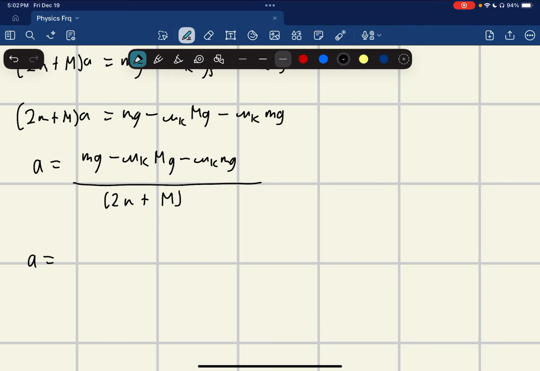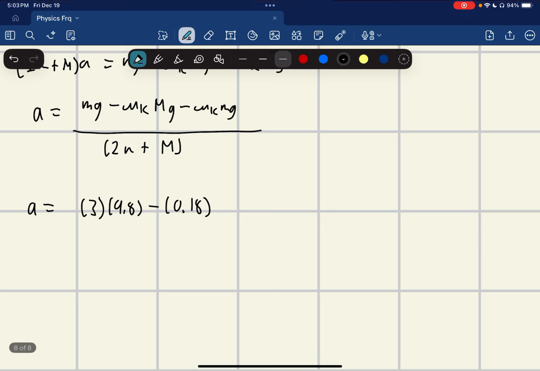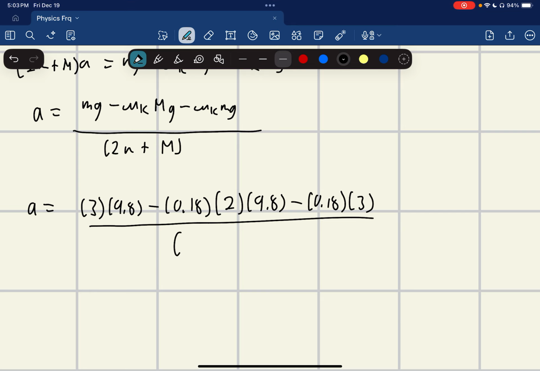So a is equal to 3 times 9.8 minus 0.18 times 2 times 9.8 minus 0.18 times 3 divided by 2 times 3 plus 2.